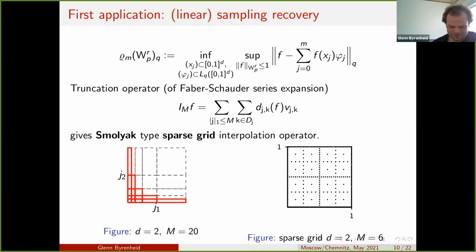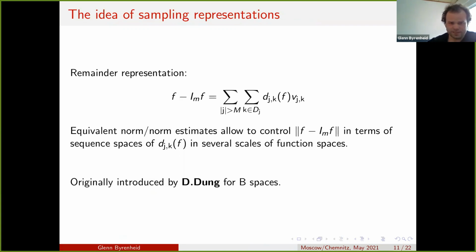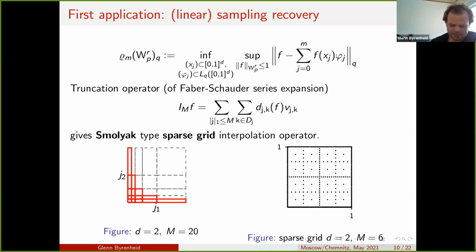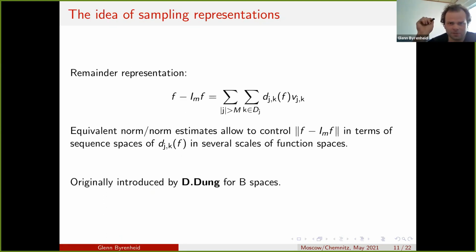So this is a kind of hyperbolic cross approximation. Now, what is the interesting point of such a truncation together with our Faber-Schauder representation? The point is that we can very easily express remainder terms, error terms for approximation errors.